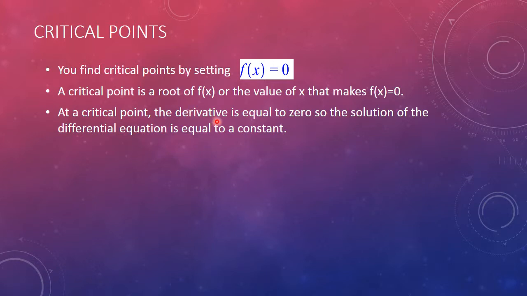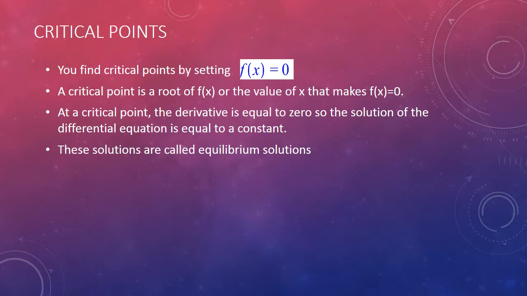At a critical point, that also makes the derivative equal to 0. So the solution for the differential equation is equal to a constant. This is why they're called constant solutions.